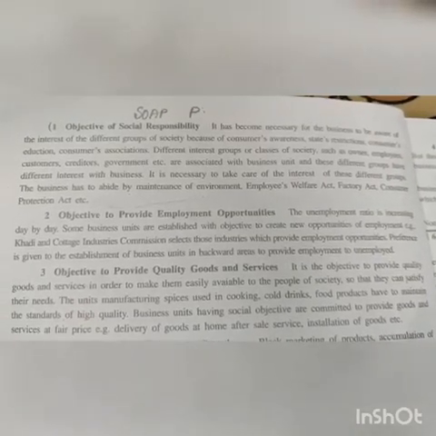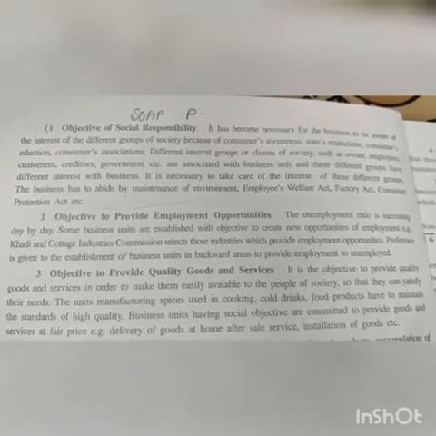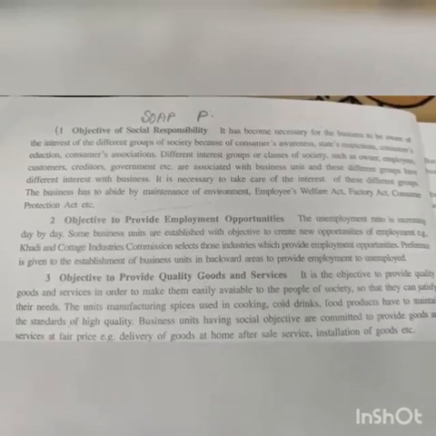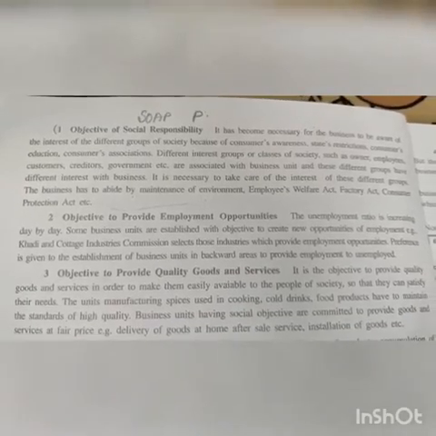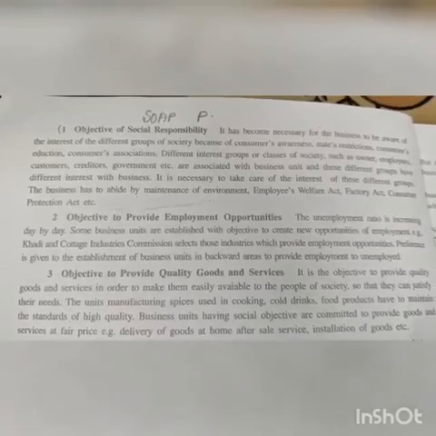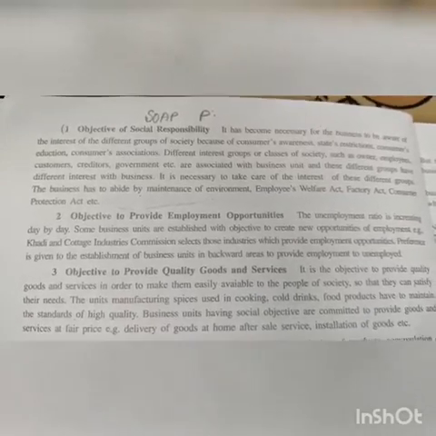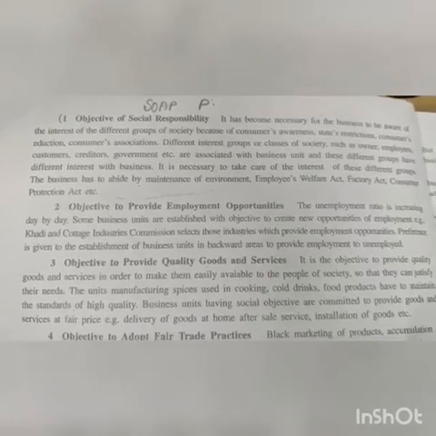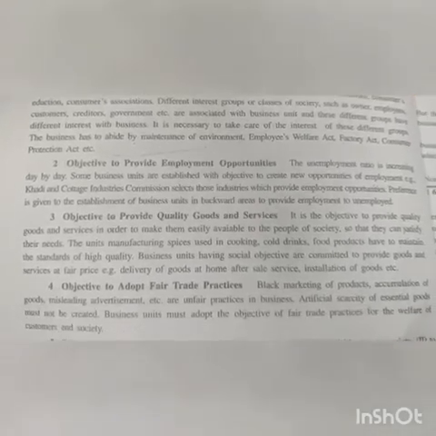Preference is given to establishing business units in backward areas, like Banaskantha, which are not more developed. In those areas, cottage and khadi industries and other kinds of industries are being developed so that the people residing there may get employment opportunity. So this is your second point.